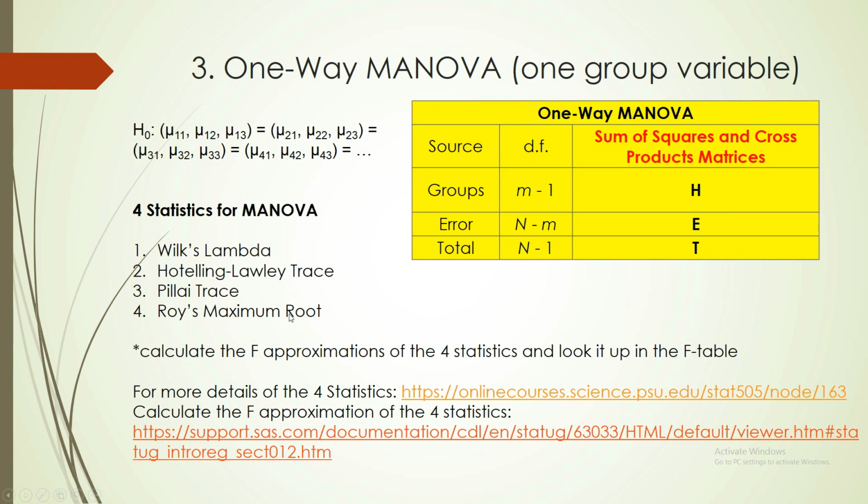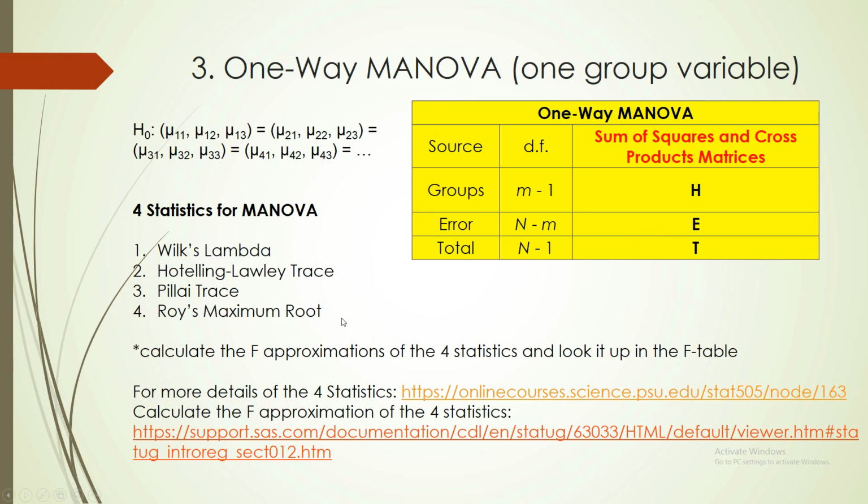What these statistics do is convert these matrices into a scalar value, so that we can compare the sum of squares from the group variable and the sum of squares from the error, and see whether the sum of squares explained by the different groups is really bigger than the errors.